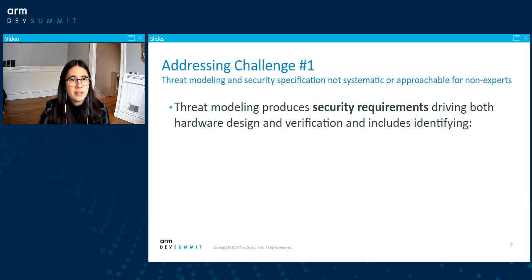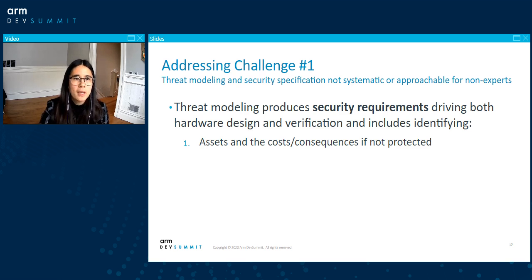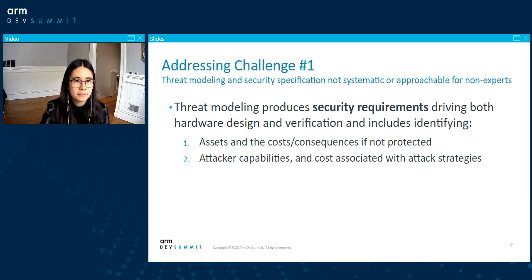So for addressing challenge one, which is that threat modeling and security specification are not systematic or approachable for non-experts, we need to talk a bit more about the threat modeling process, and then we'll see how CWE can help with this process. Threat modeling produces security requirements, and to do this, you have to identify first what are the assets in your design that you need to protect, and what are the costs or consequences if you don't adequately protect the assets.